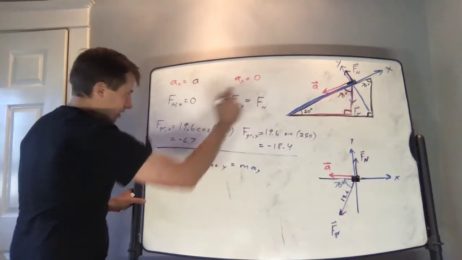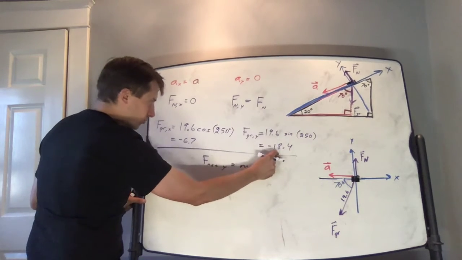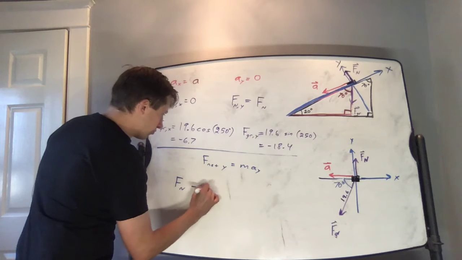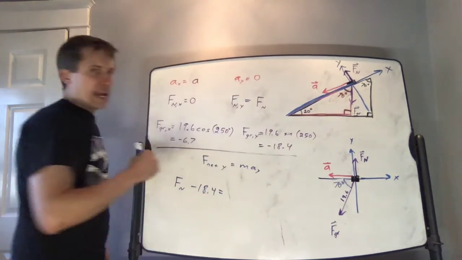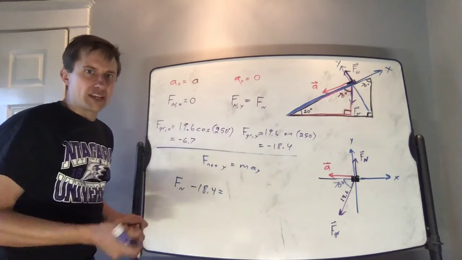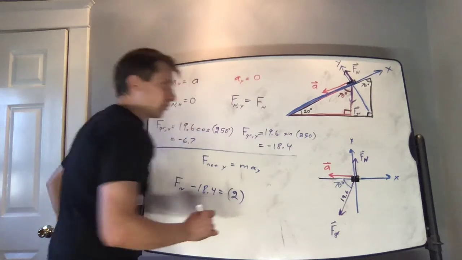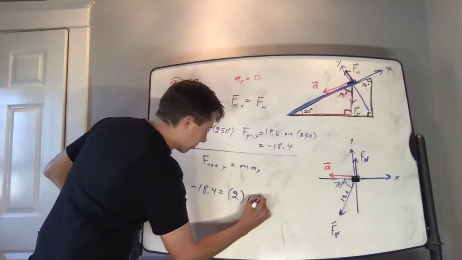So I have the normal force, Fn. I have the force of gravity in the y direction, negative 18.4, and I set that equal to the mass of the crate. At the beginning of this problem, we said the mass of the crate is equal to 2 kilograms, and the acceleration of the crate in the y direction is 0.